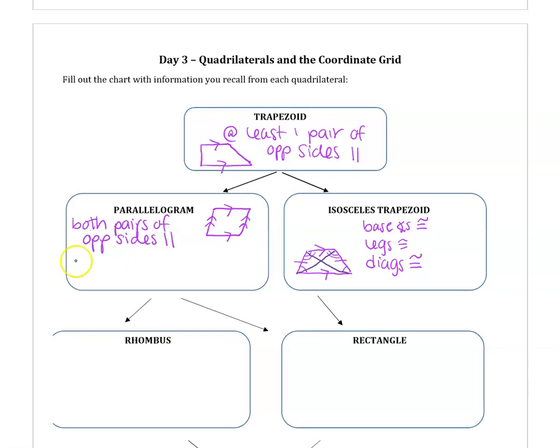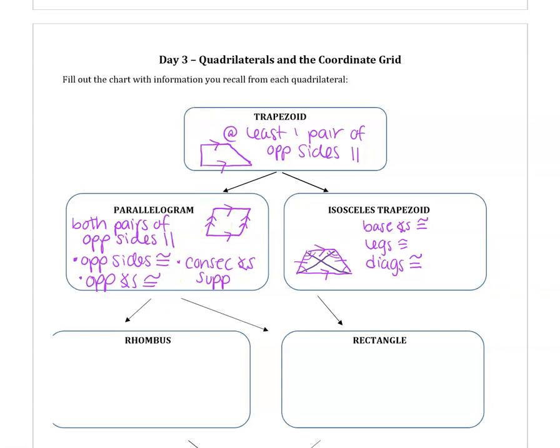Now, from there, we know a bunch of other stuff. We know that opposite sides are congruent. And again, that's both pairs of opposite sides. We know opposite angles are congruent. We know that consecutive angles are supplementary. And we also know that the diagonals bisect each other.